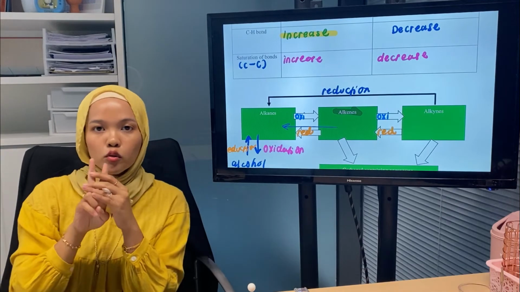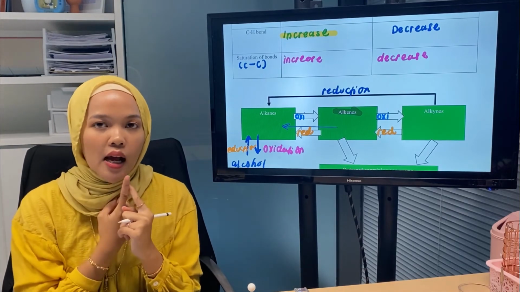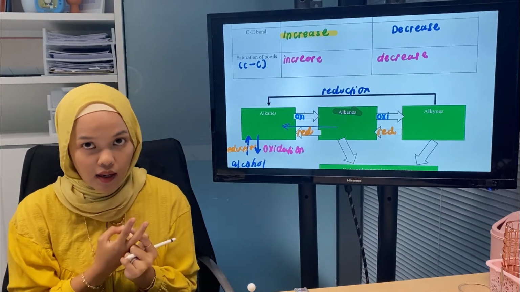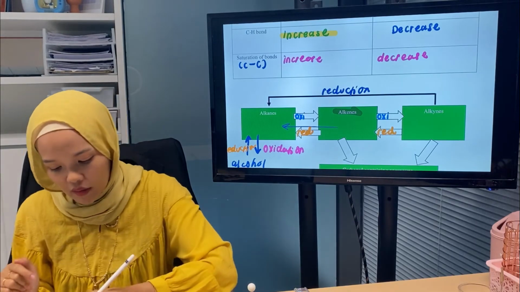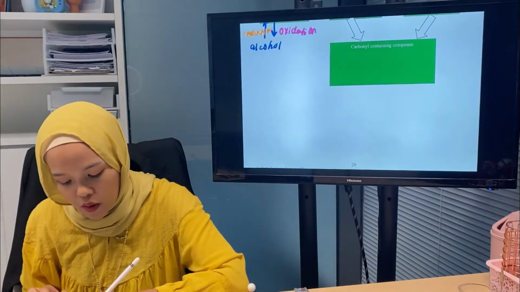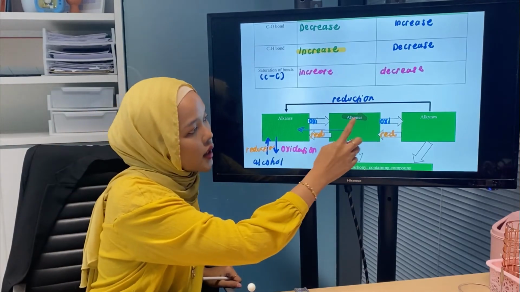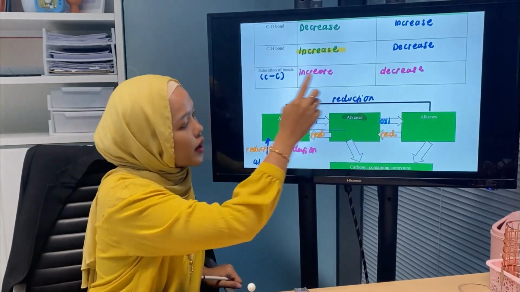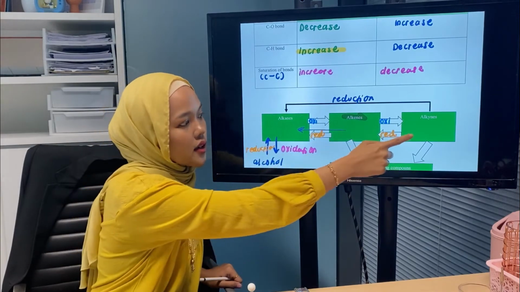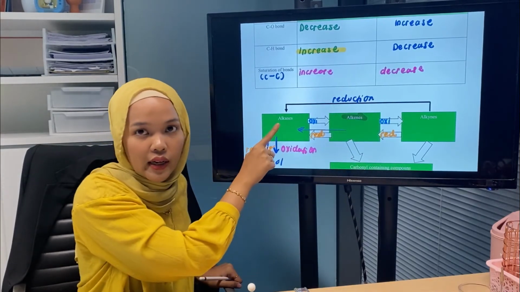So there can be two products. So here is a reduction, and this one is also a reduction.